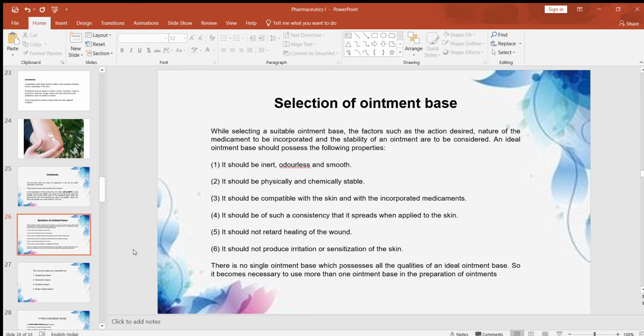Like in a few people, if they are sensitive or allergic, what may happen is that after application of the formulation, there can be itching or redness of the skin. Okay, like we can say that a few people are allergic to some preparations.